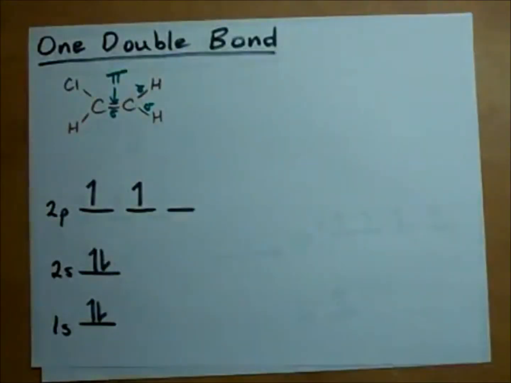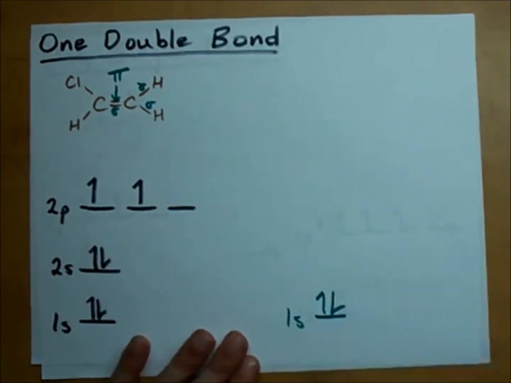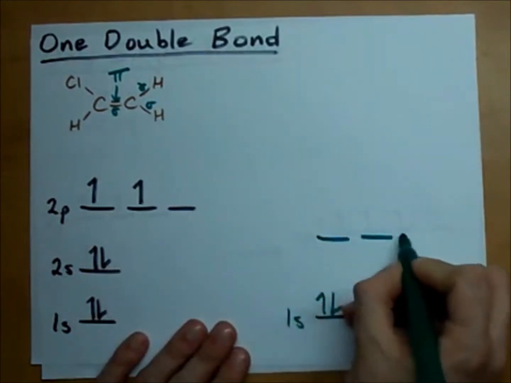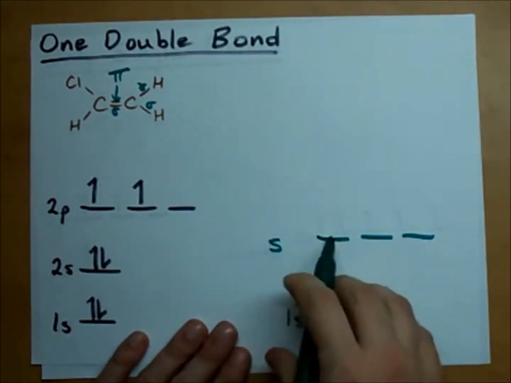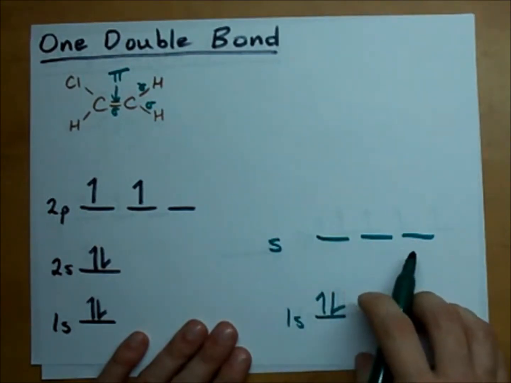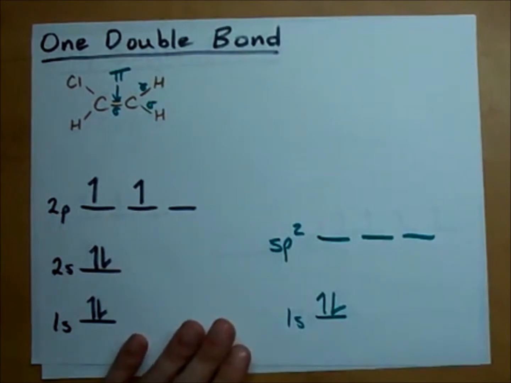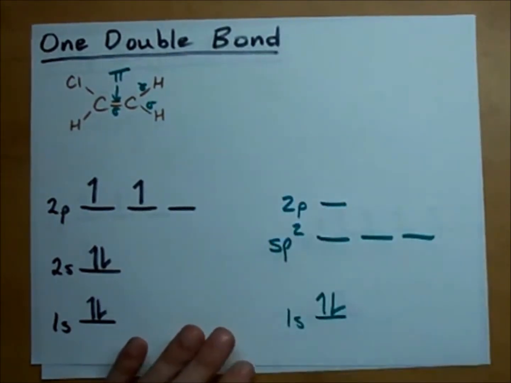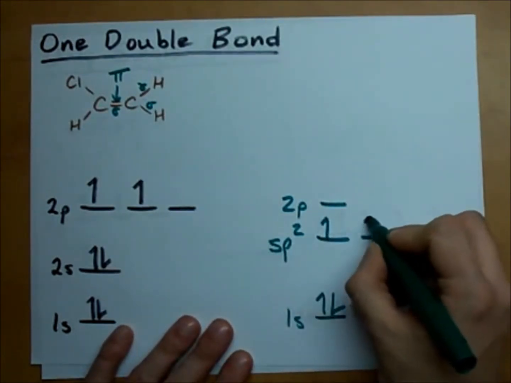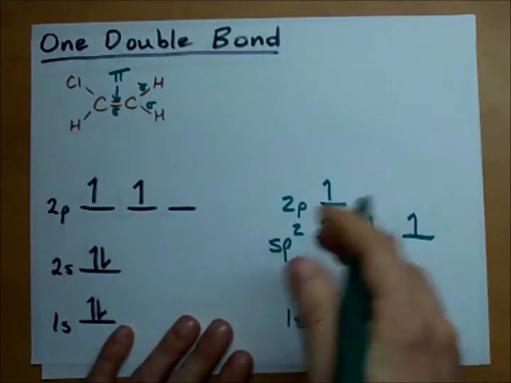So when this hybridizes, 1s is left alone again, and we need 1, 2, 3 sigma bonds, and to hybridize 3 equivalent 2p orbitals, and we need to leave one of the 2p orbitals alone.